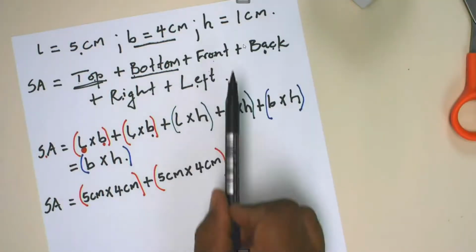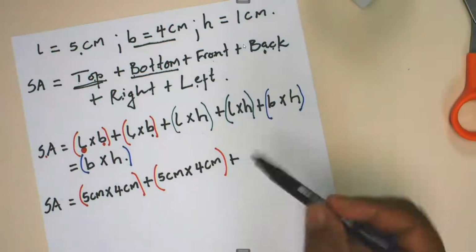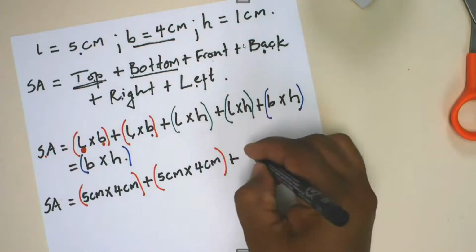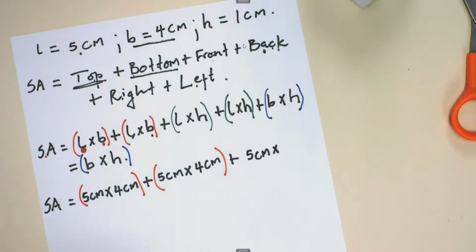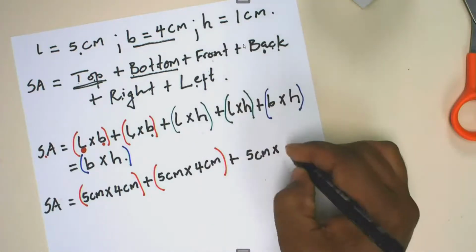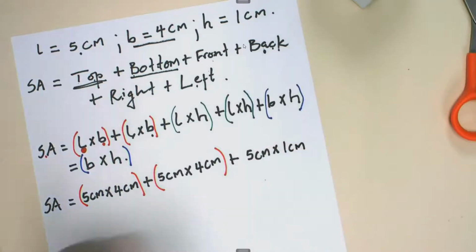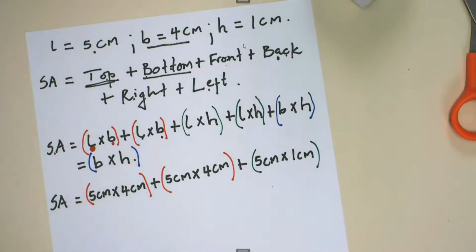The front, we have length multiplying the height. What is the length? 5 centimeters multiplying by the height. What is the height given of that rectangular prism? It is 1 centimeter. And therefore we said, okay, let's use the color green for the front and the back part.